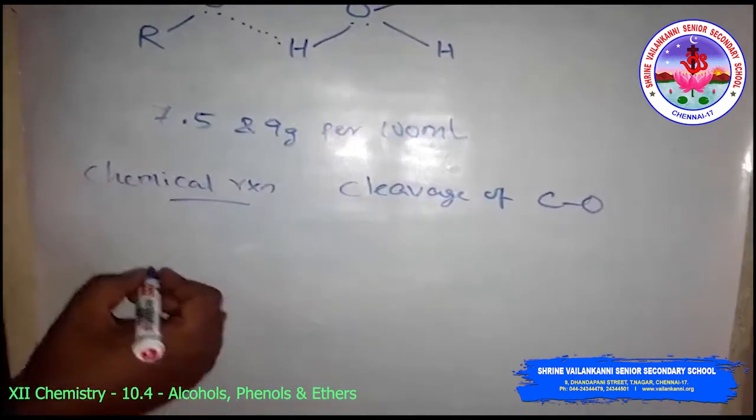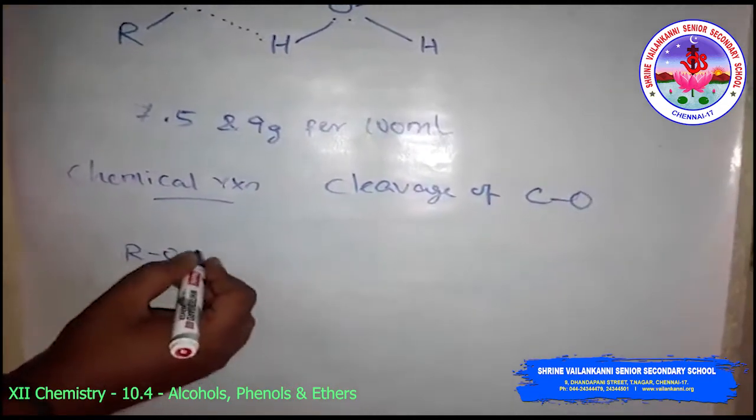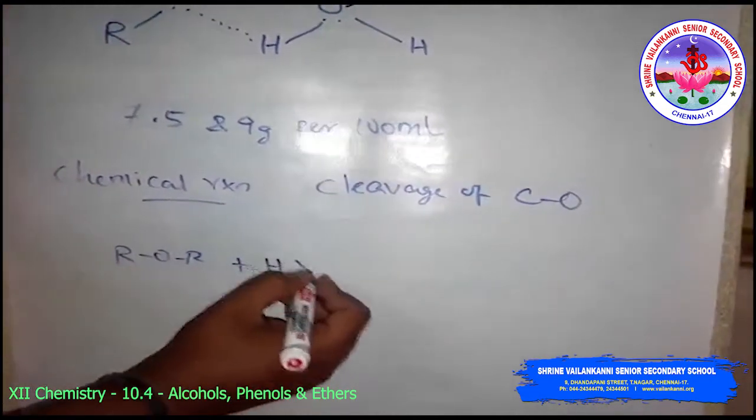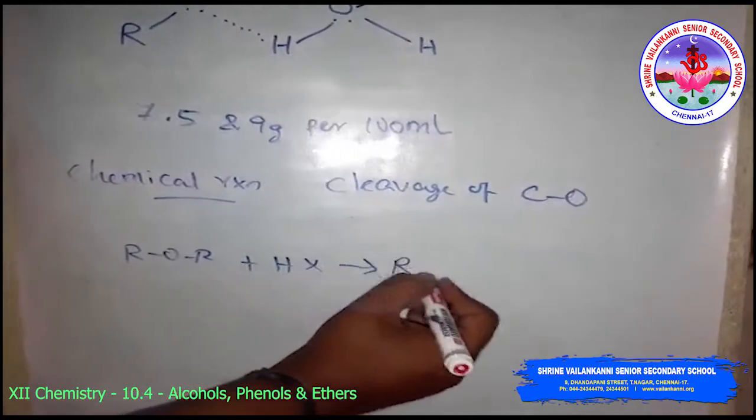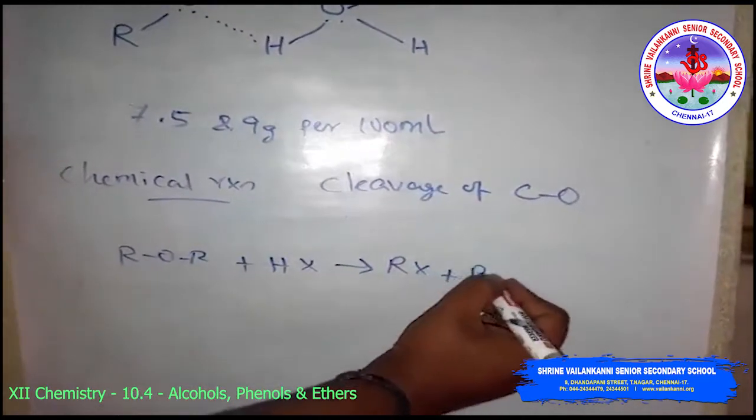See R-O-R. Ether reacts with the hydrogen halide to form RX, an alkyl halide, and ROH.